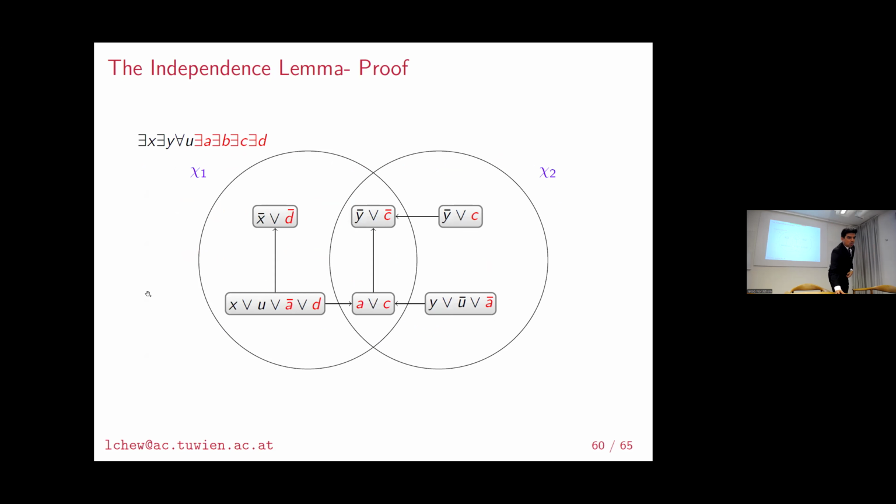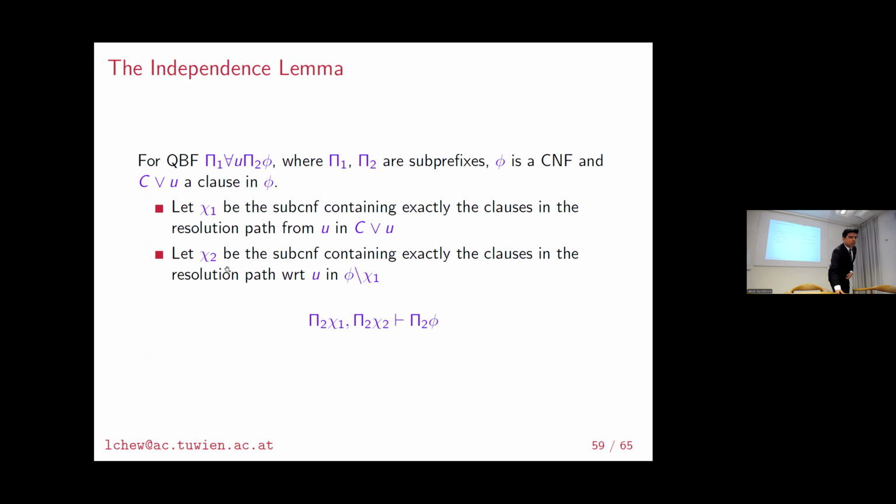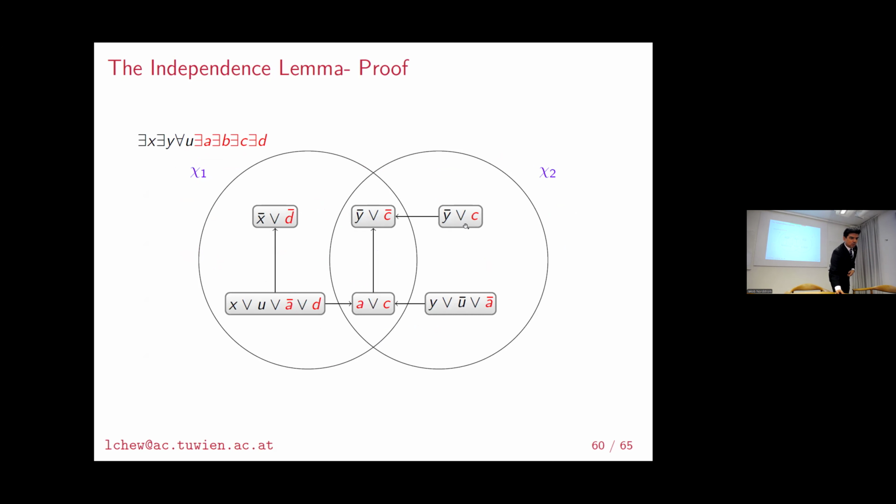Here's an example. We have this U that is contained in here, and we're connected up to there. As I should have explained a bit further, this X2 is going to be the sub-CNF containing everything outside of this path. We're just going to observe that here, which will be these two clauses.